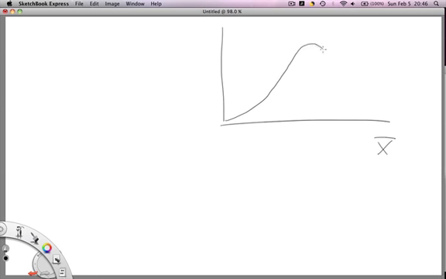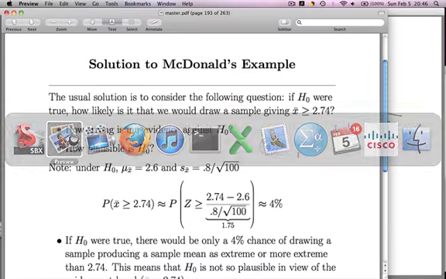If the true mean is 2.6, the mean of the sampling distribution is also 2.6. So we'll just assume H0 is true, which means that mu is 2.6, and so the mean of the sampling distribution is also 2.6.